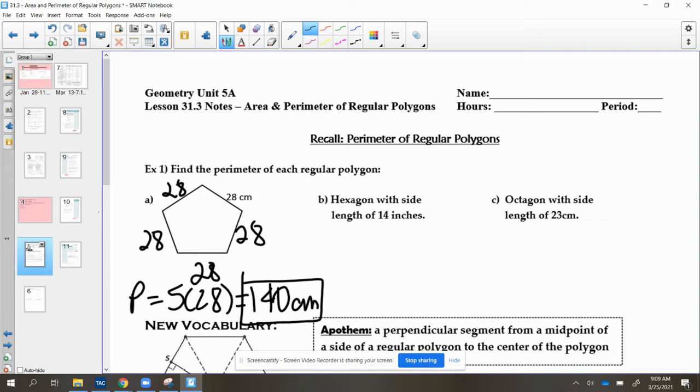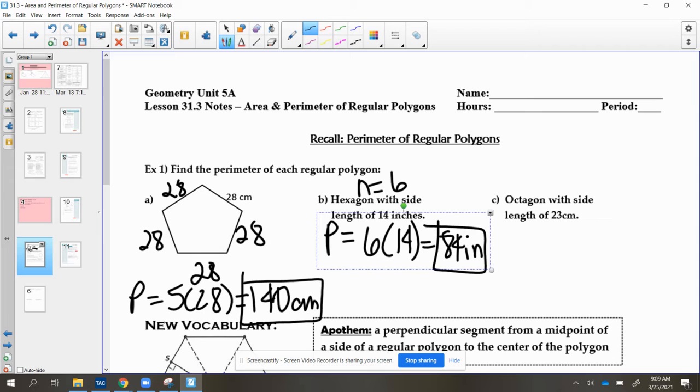We also know that if we have a hexagon, so a 6-sided figure, we would have to add up 14 6 times, aka 6 times 14. Again, if you're adding it up 6 times, 84 inches. Or an octagon, which is an 8-sided figure, those would be adding up 23 8 times, aka 8 times 23, which would be 184.